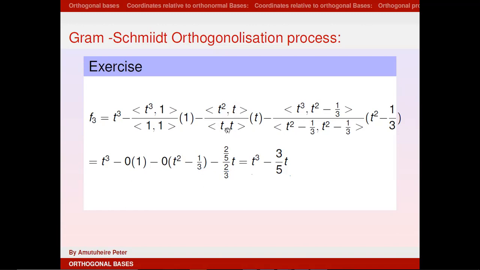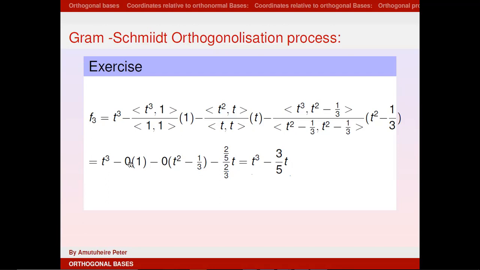Then this one here gives us 2 over 3. So we get this, then we multiply by this T, compute the integral, and we get T cubed minus 3 over 5.